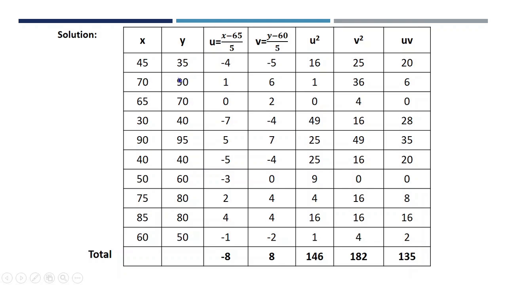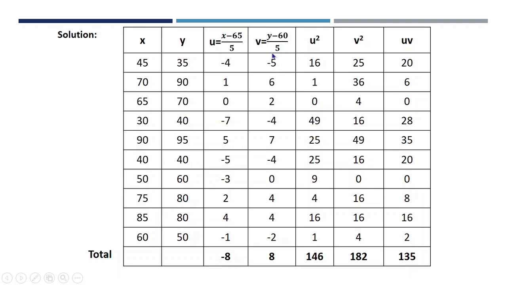And (70 minus 65) divided by 5 is 5 by 5, 1. 65 minus 65 is 0 by 5, 0. 30 minus 65 divided by 5 is minus 7, and so on. And this is the sum of all these u values, minus 8.